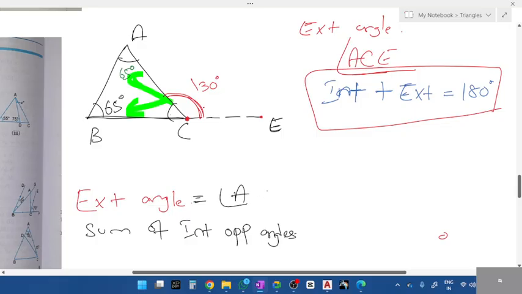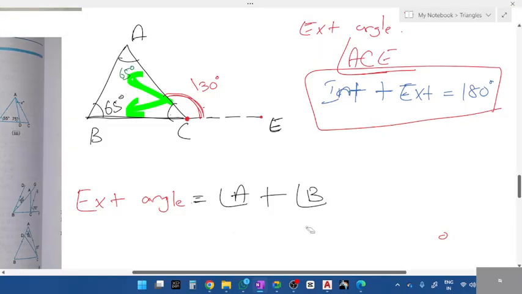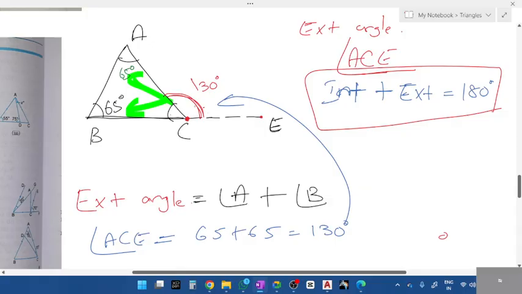What two angles you have to add? Angle A plus angle B. So exterior angle ACE is equal to 65 plus 65, which is 130. Even like this you can find.